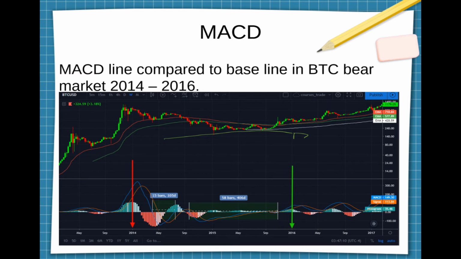Between 2014 and 2016, somewhere here there was a bear market on Bitcoin, and as you can see, this signal tells you a little bit more about the sentiment of the bear: is it healthy or not?